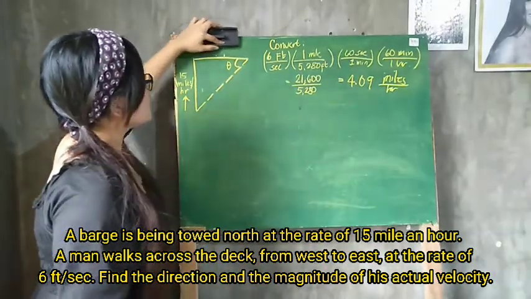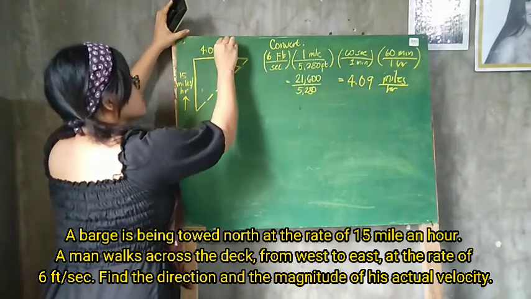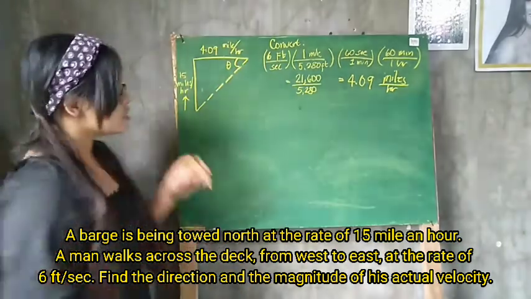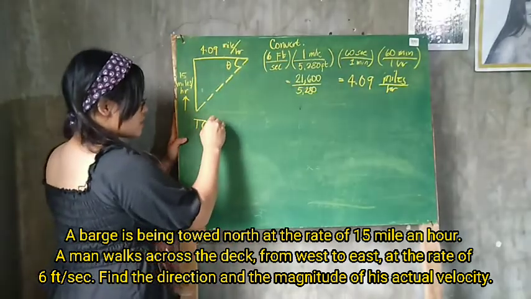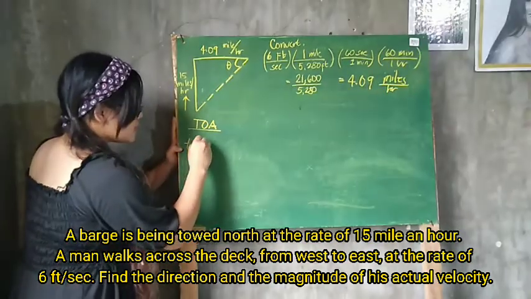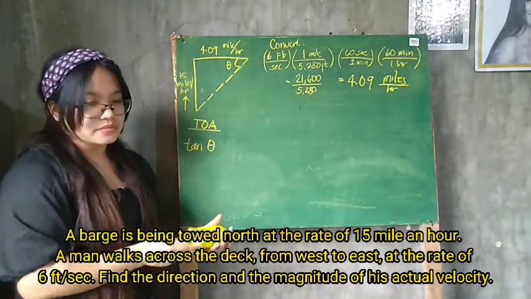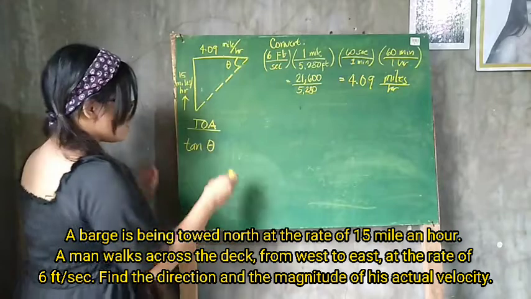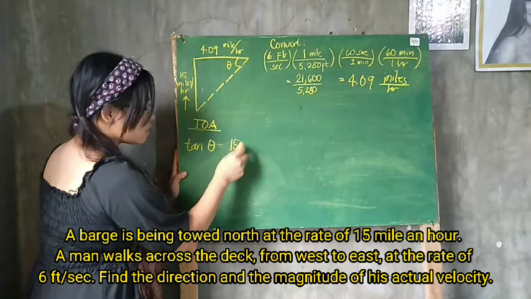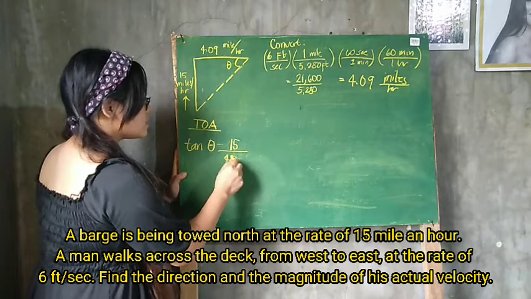So let's change this one. We have 4.09 miles per hour. Now let's use the tangent, which is opposite over adjacent. So tangent theta is equal to the opposite, which is the 15 miles, over the adjacent, which is the 4.09.